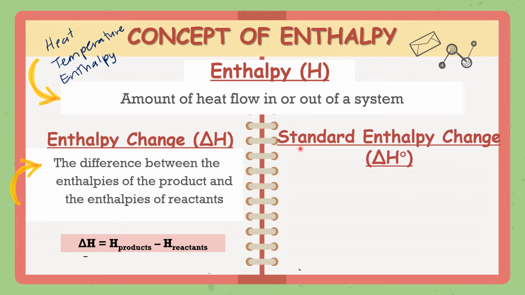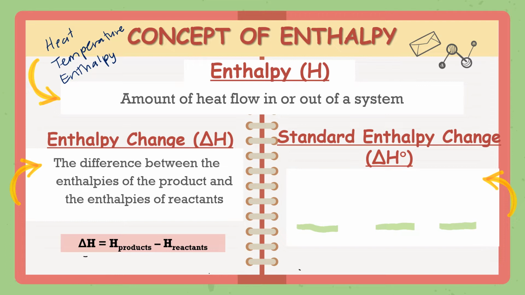For standard enthalpy change, it's the enthalpy change for a certain reaction at standard condition. Actually it's the same thing. Enthalpy is still an enthalpy change, but when we talk about standard, it means we have our standard condition. So what are our standard conditions? It will be the temperature of 298 Kelvin or 25 degrees Celsius and 1 atm pressure.